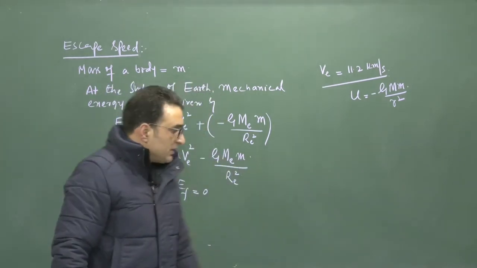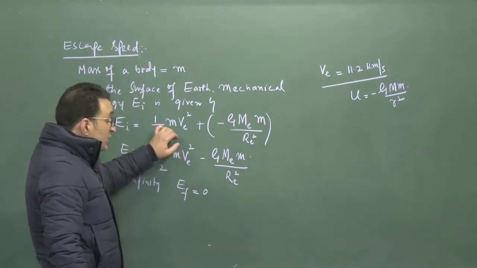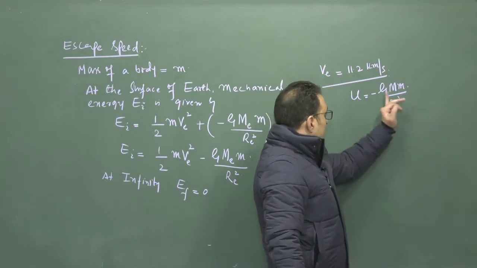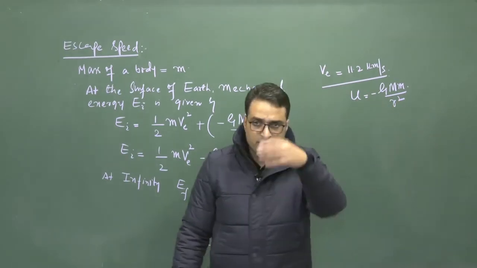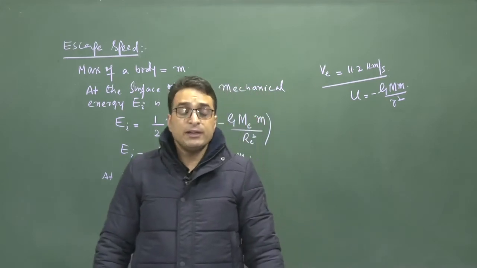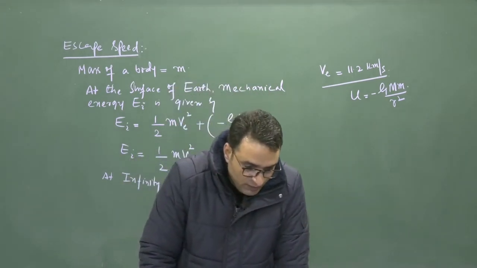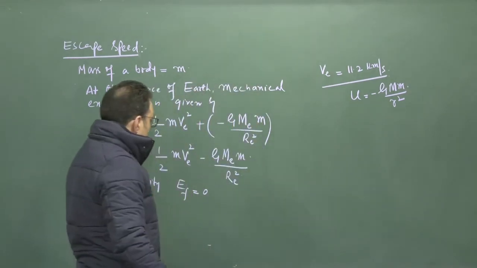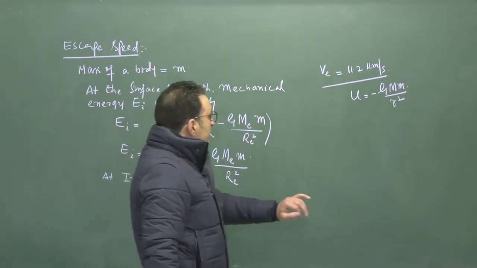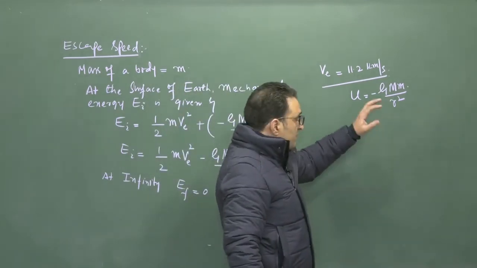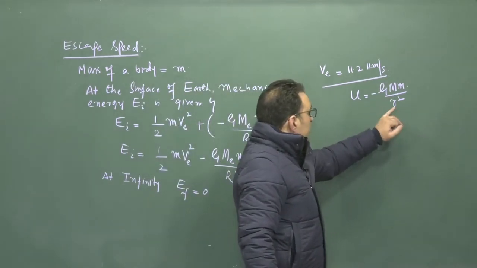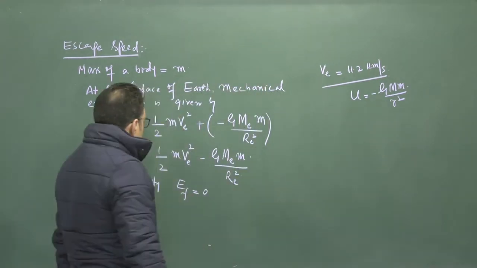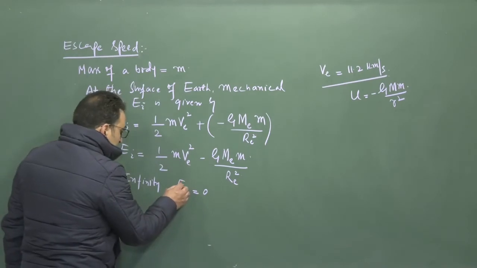If it stops, its kinetic energy can be treated as 0, and the gravitational potential energy at infinity is also 0, which in the last lecture we called the level of zero potential energy. Therefore, we can write E_f is equal to 0.